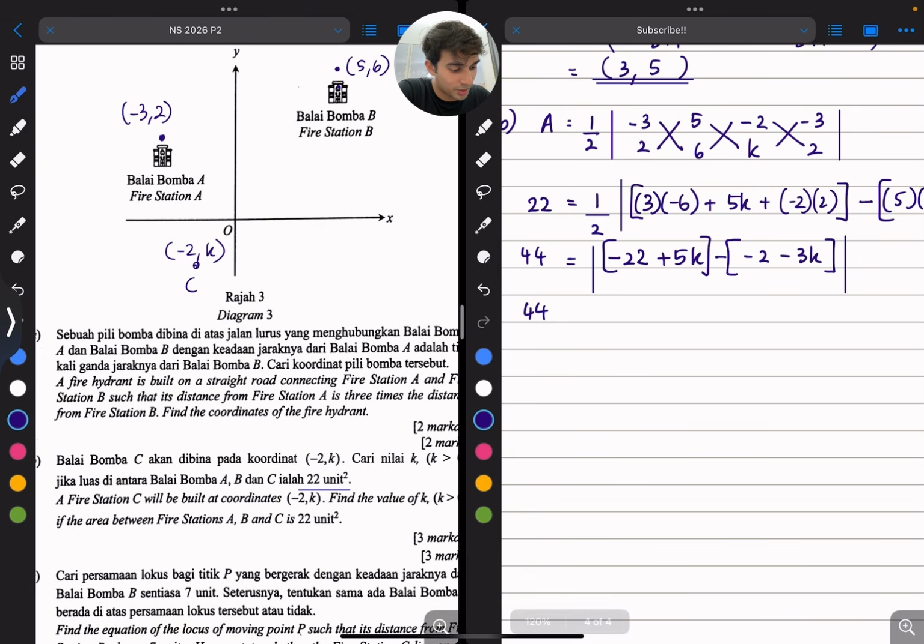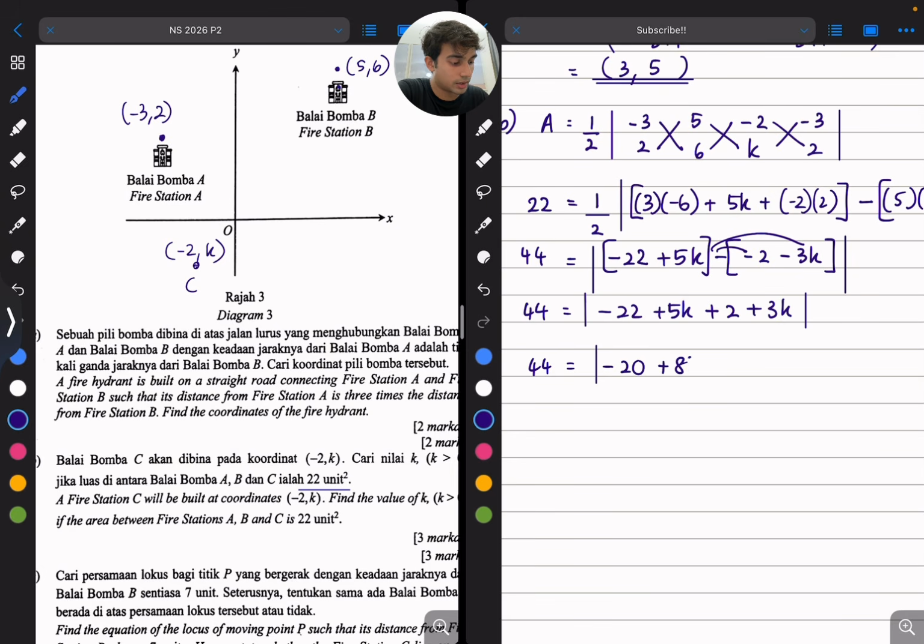So here is 44. Then we expand the bracket. So modulus negative 22 plus 5k plus 2 plus 3k. Negative 22 plus 2 is negative 20. 5k plus 3k is 8k.